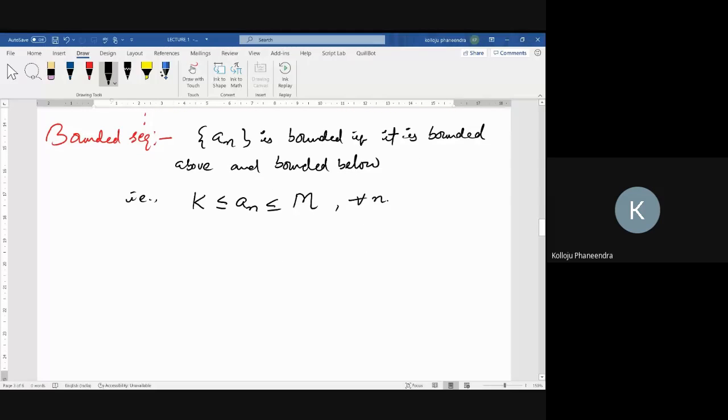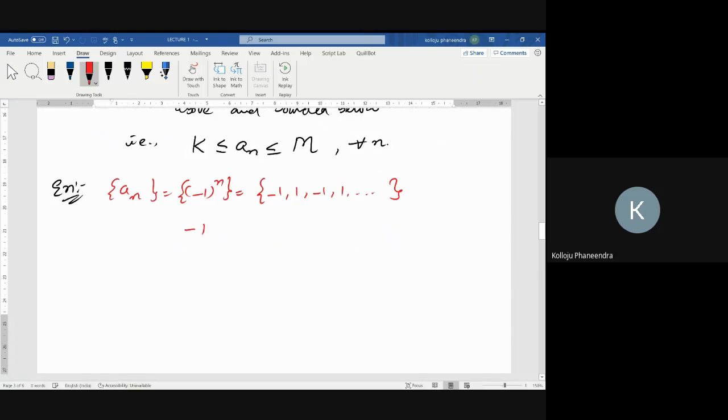Right? See, one more example. If I consider an equal to (-1) to the power n, these are the values. Now tell me, -1 is less than or equal to 1 less than or equal to, and -1 greater than or equal to 1 greater than or equal to. What are the values?